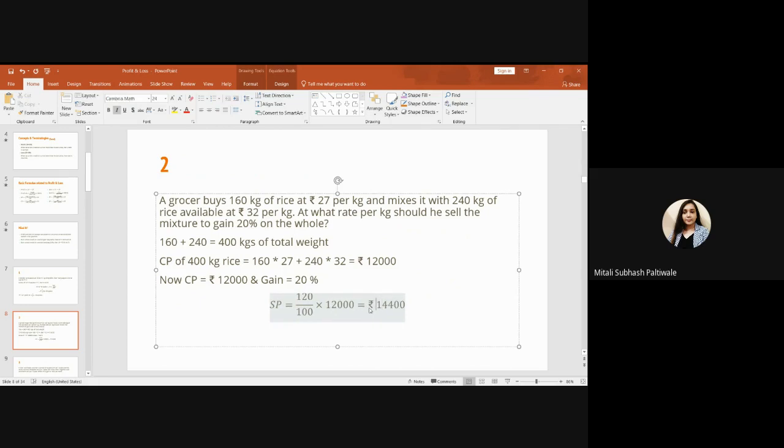Okay, so this is the selling price of it. Now, selling price per kg. We have to find per kg, because we need the rate.